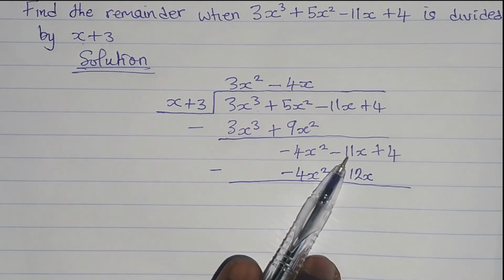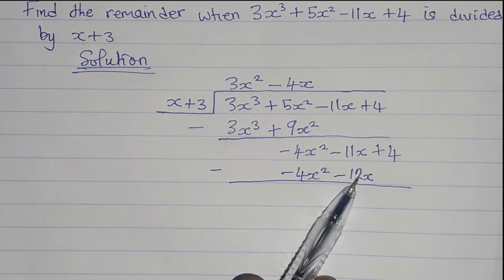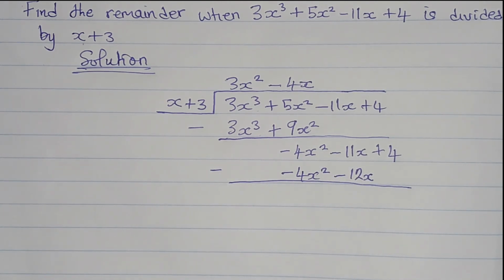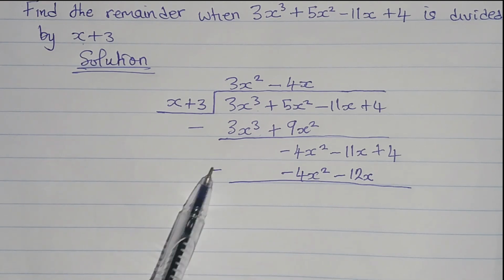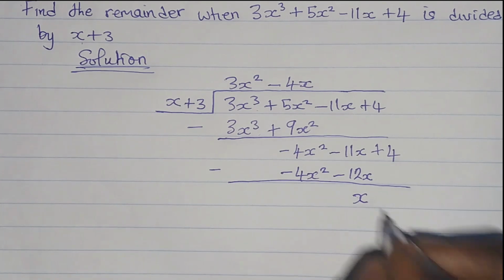We move over to this other part. Minus 11x minus minus 12x would give us minus 11x plus 12x, because negative times negative gives us positive. So what we have there is minus 11x plus 12x, and that would give us just x.